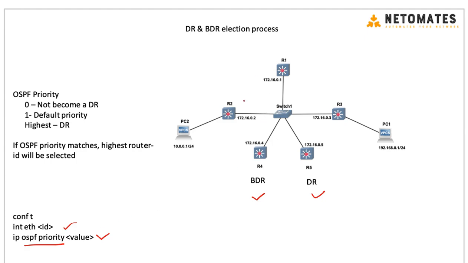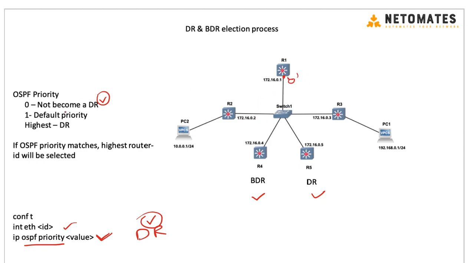Whatever router interface has the highest value will become the DR.